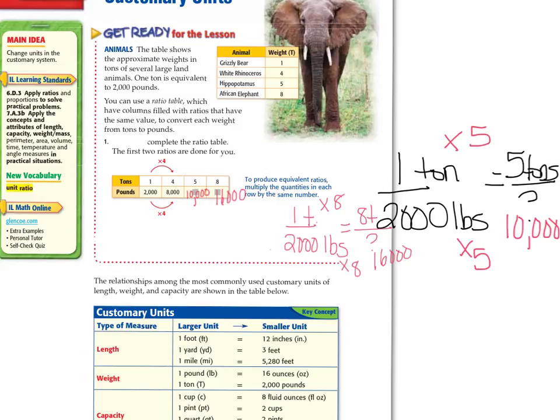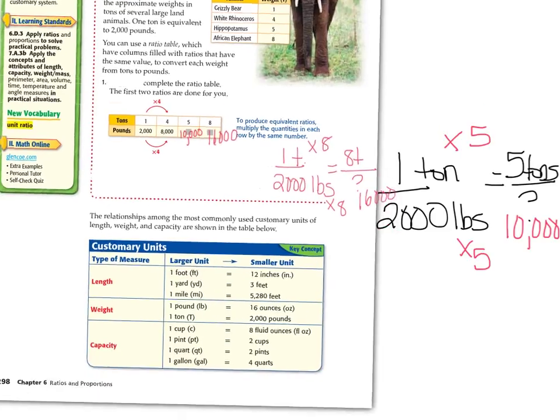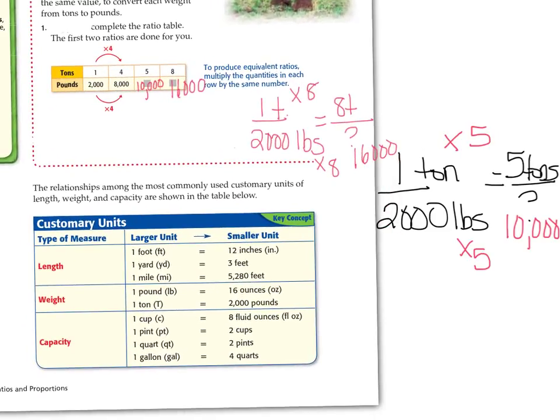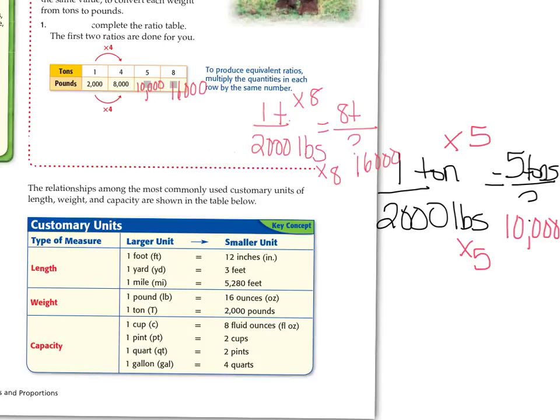The relationships among the most commonly used customary units of length, weight, and capacity are shown in the table below. This table, let me just scroll here so you can see, is really important. You probably want to copy and paste this or take a picture of it and store this in your GoodNotes so that you can remember it for problems.